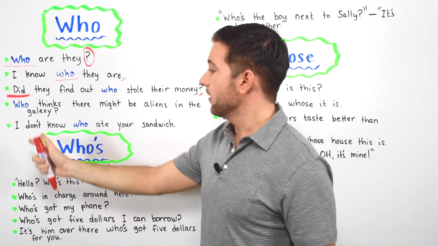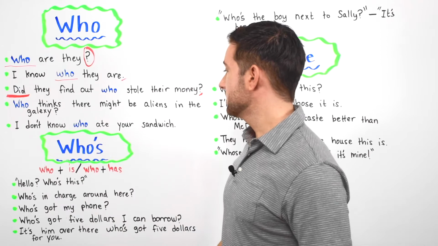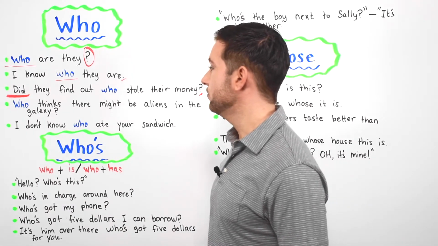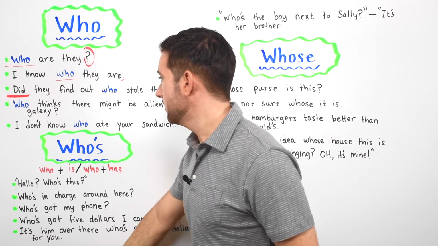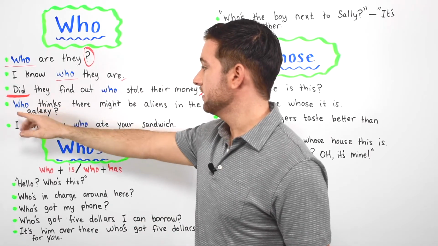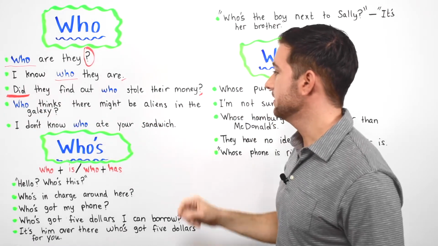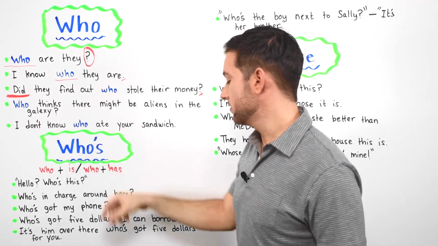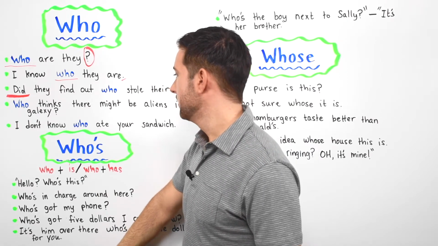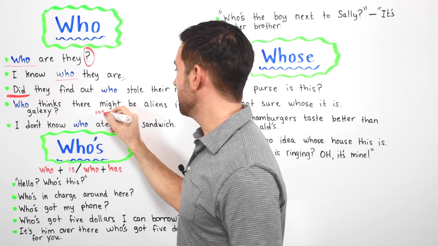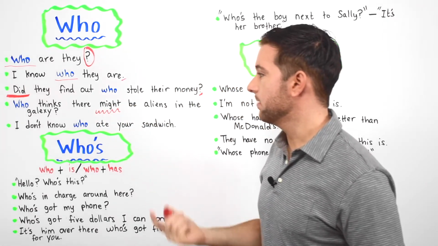And then we have our next one. It says, who thinks there might be aliens in the galaxy? Okay, again, we have who in the beginning of our sentence. So we have a question here. Notice that we have might here. And remember, when we have might, we're talking about a possibility. Something that might be possible.